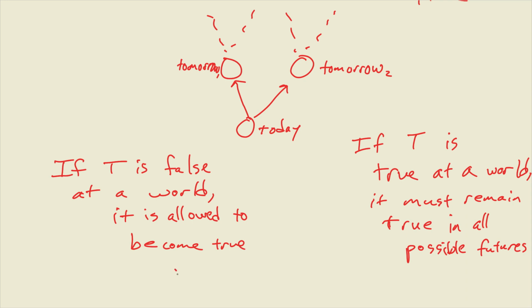And this seems a little weird, but if you think about it as something like knowledge, if T is false at a world, maybe that really means we believe it to be false, or maybe it means we don't know that it's true. And so our knowledge can evolve as we go into the future. Things that we didn't know to be true now, or maybe it could be provability, things I don't know how to prove today, maybe I can figure out how to prove tomorrow. So our positive knowledge can increase going into the future.